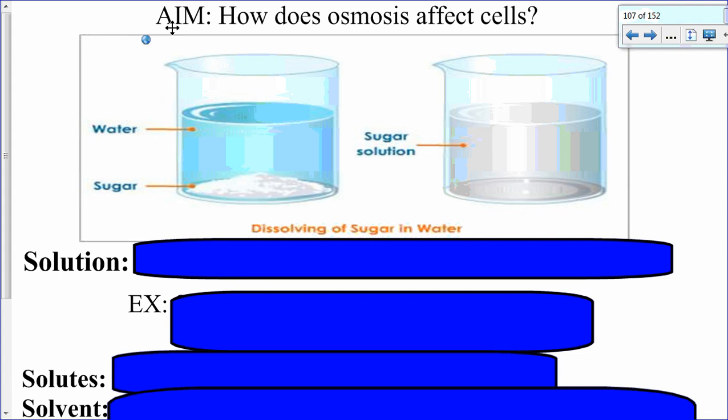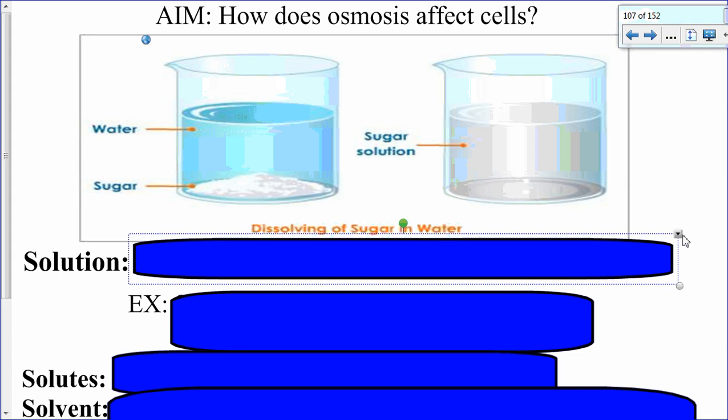So before we move on and talk about osmosis, we have to talk about what a solution is. Solutions are usually combinations of two or more compounds or substances mixed together. Usually one might be water, and in the diagram you have here, you maybe can write it a little clearer. You have sugar inside this beaker of water, and when you stir it around, the sugar gets sort of diluted and mixed around completely in the water.